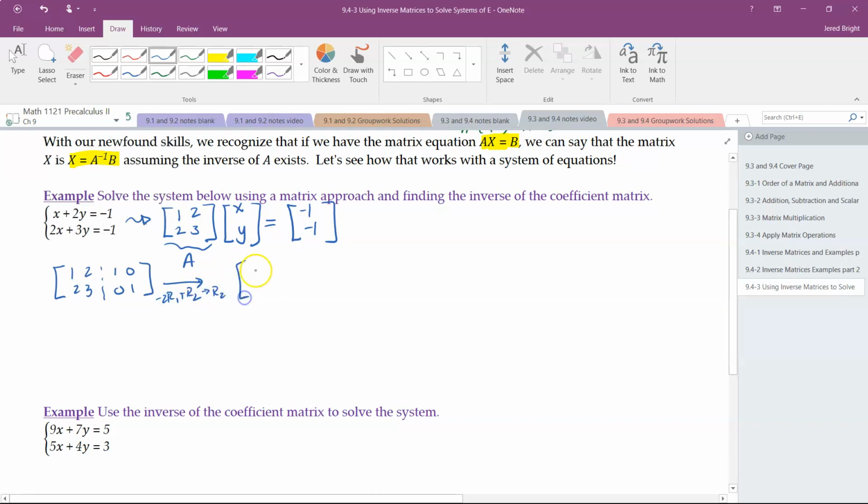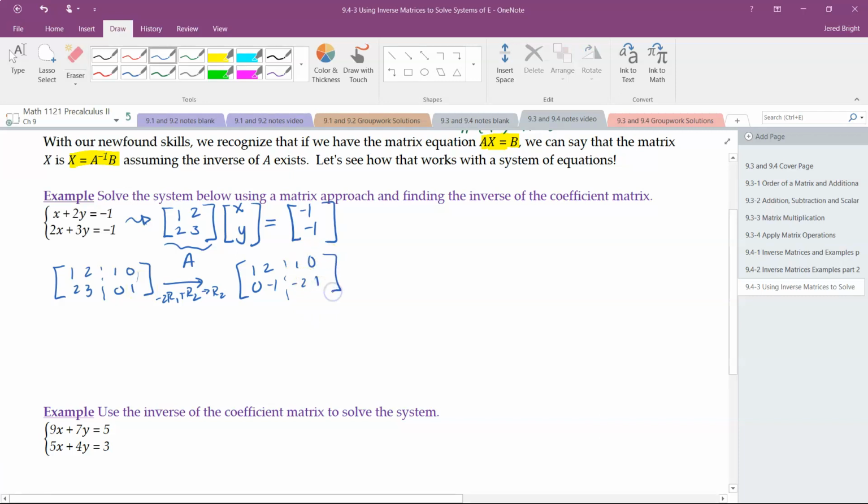The first row stays unchanged. Negative 2 plus 3 is 1, so let's leave that as a 1.